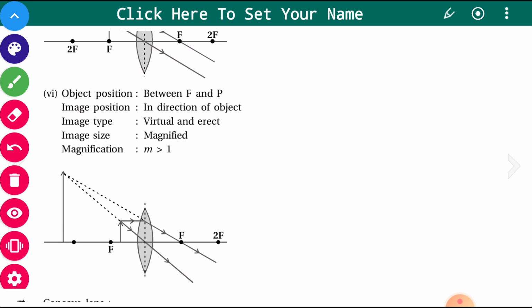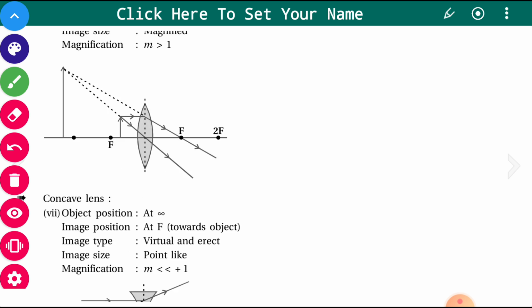If the object is placed between the pole and focus, or the optical center of the lens and focus, then the rays which are parallel will pass through the focus, and the ray passing through the optical center goes straight. Both are extended in the backward direction, then they will form the image on the same side of the object, and it is an enlarged image. This is the concept which is used in a magnifying lens.